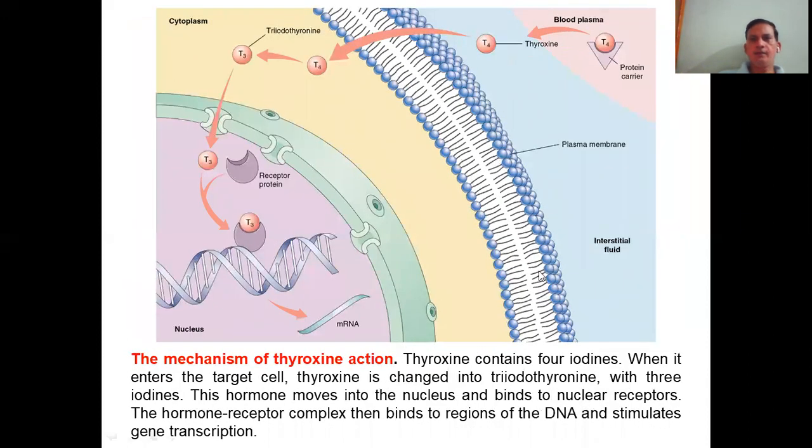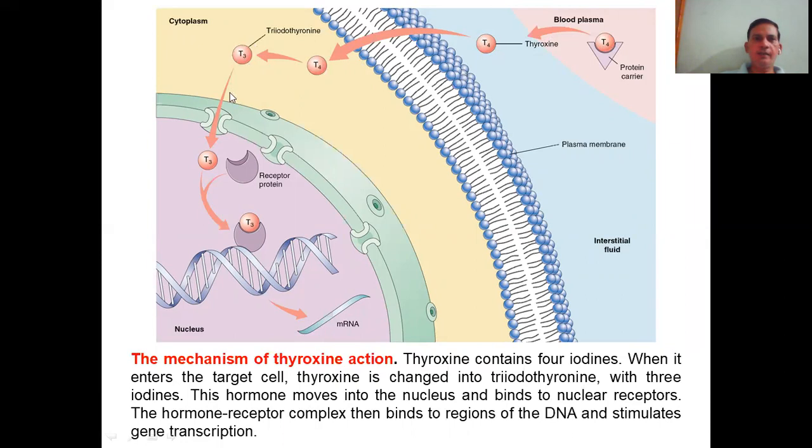Let's take one example here. This is thyroxine, which has 4 atoms of iodine. In short, we call it T4. This T4 is transferred in the blood to the target site and can be taken up by the target cells. When taken up, one of the iodines is removed, leading to the formation of T3, which is triiodothyronine.